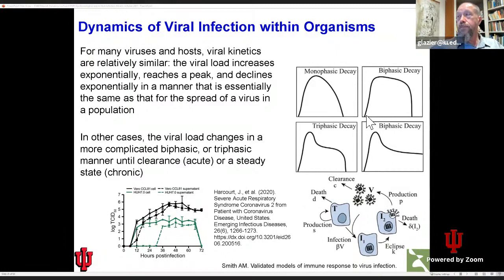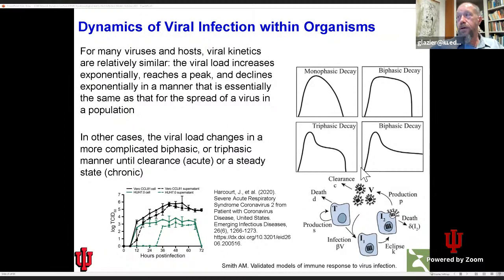The second one is one where the amount of virus goes up very steeply. It reaches a maximum. There's a period of slow decay of the virus and then a later period of faster decay. In some cases, you have a situation where the amount of virus goes up. It initially decays rapidly, then decays more slowly and eventually clears.